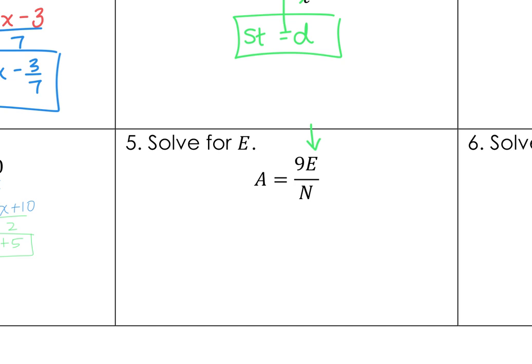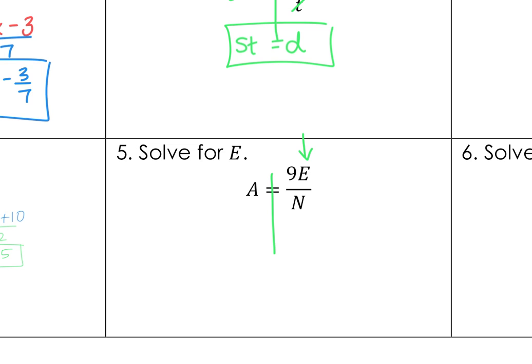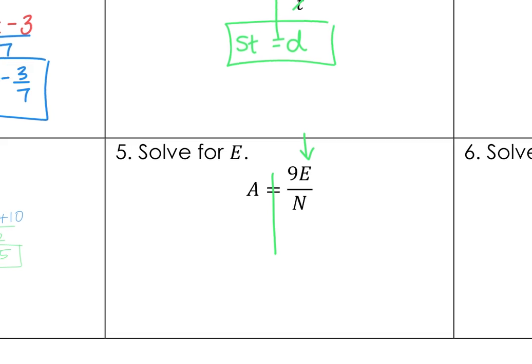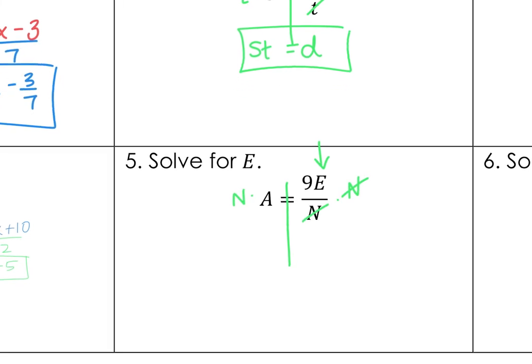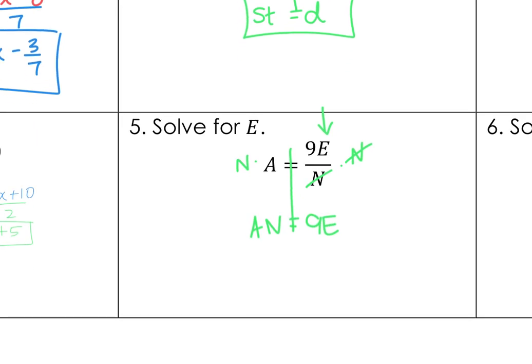That's the first step. Okay, a lot of us did a really good job with the first step. We were like, I've got to get rid of this denominator. So I need to multiply by n since it was divided by n. So then I have a times n is equal to 9e. Well, then again, just ask yourself, 9e, what does that mean?